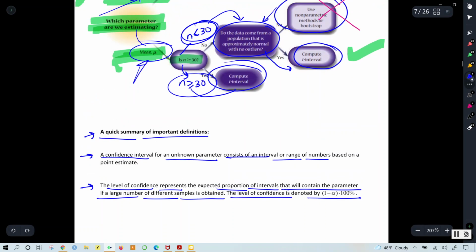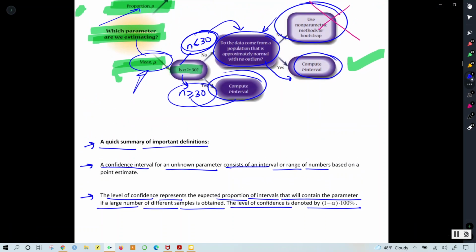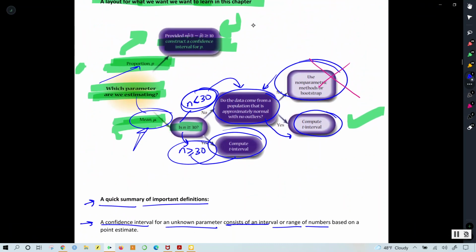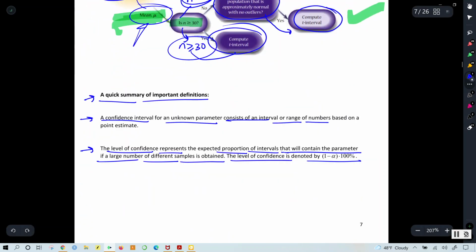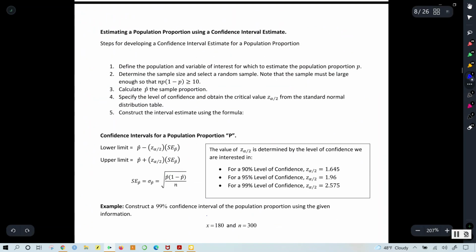So with that definition out of the way, for the first part, we're going to explore finding the confidence interval for a population proportion. To begin, we go on to the next page. How do we estimate a population proportion by using a confidence interval estimate? First, we define the population and the variable of interest for which we wish to estimate the population proportion. We'll determine the sample size n.